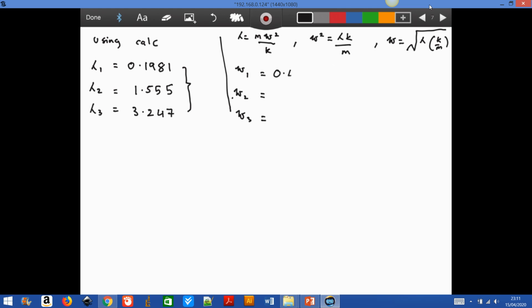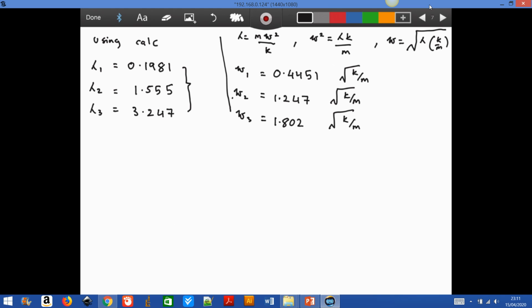So using the calculator I'll get omega 1 equals 0.4451 square root of k over m. Omega 2 is 1.247 square root of k over m. And the third one, 1.802 square root of k over m.